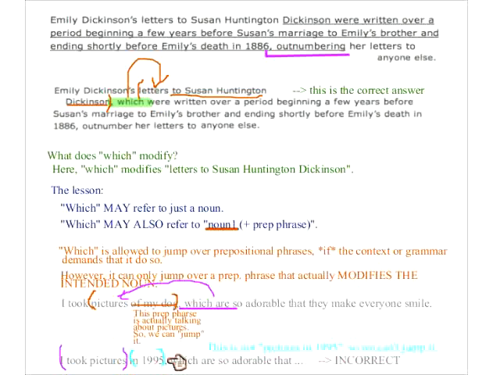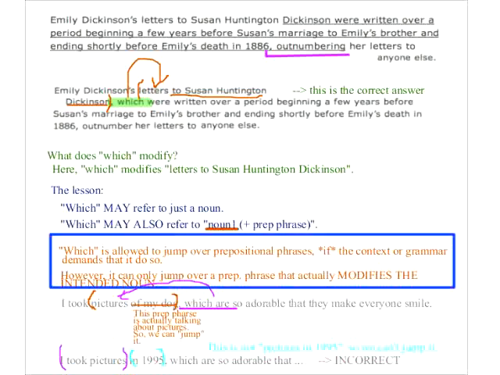Because these are not pictures in 1995. So there's a couple of things here. It's a little bit on the complicated side when you try to explain it in words. Yes, it is a prep phrase, because in is a preposition. It's just not the kind of prep phrase that you can jump in this context.